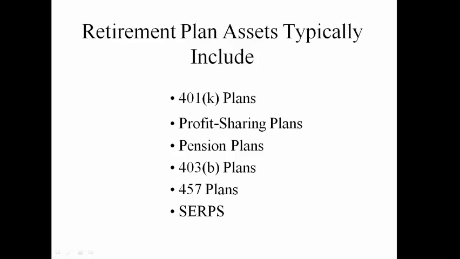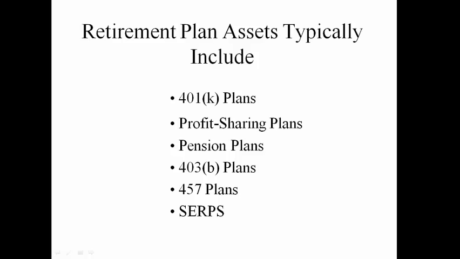The pension plan area is the defined benefit plan area, and that section has two sub-elements. We have what are called cash balance plans, and we have defined benefit plans. Cash balance plans are defined benefit plans that are communicated to employees in accounts, very much like 401k plans are.